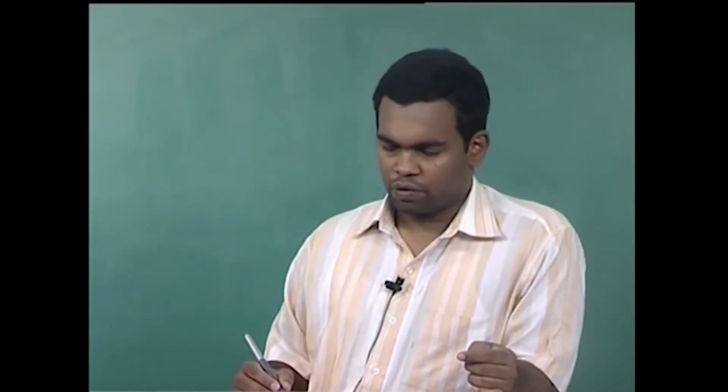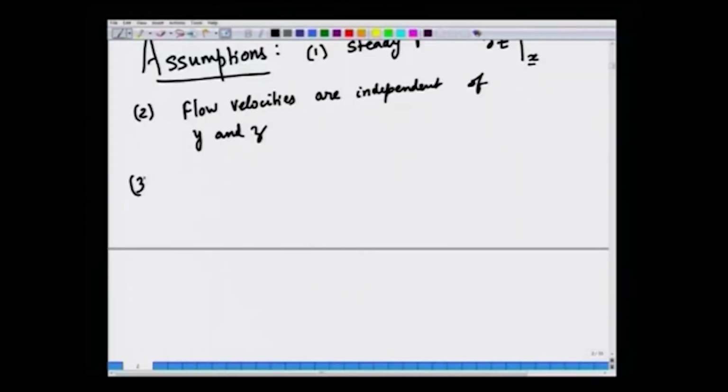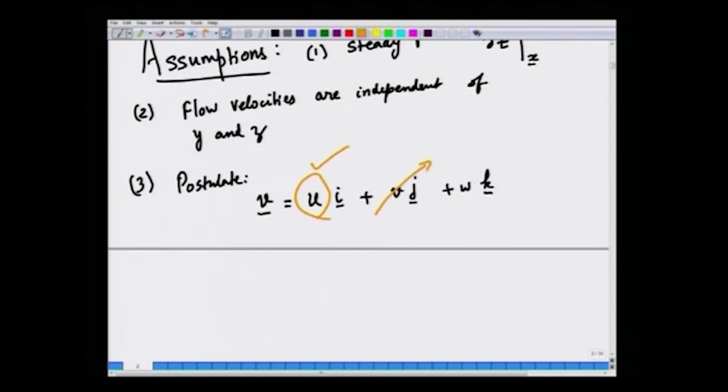Now, having said this, we will also postulate that, remember the velocity is a vector, it has component u along the i direction, v along the j direction, plus w along the k direction. We are going to postulate that the only non-zero velocity is u, the other velocities are 0.